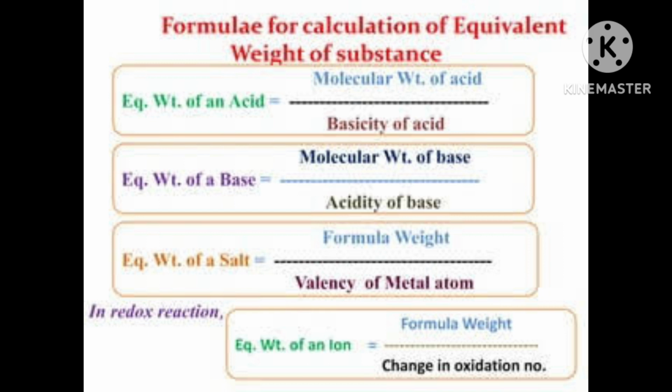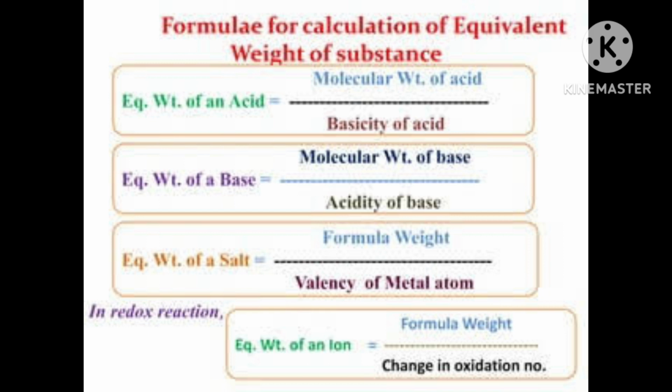Similarly, suppose B is taking electron and A is losing electron. Who is taking the electron? B is taking the electron. Then this is a process of reduction. For this reduction, who is responsible? Who is losing the electron? A is losing the electron. So for the reduction, A is responsible. Then A is called the reducing agent.